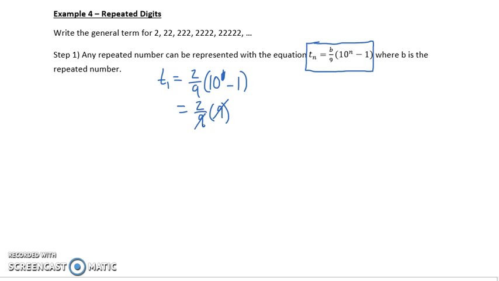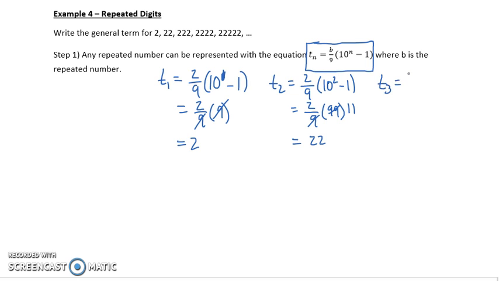And so the 9 and the 9 cancel out, leaving us with 2. If you check the second term, again, 2 over 9 times 10 to the power of 2 minus 1. I get 2 over 9 times 100 minus 1, which is 99. And 99 divided by 9 is simply 11. 2 times 11 is going to give me 22.